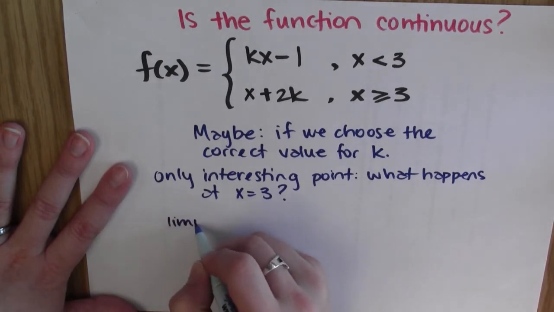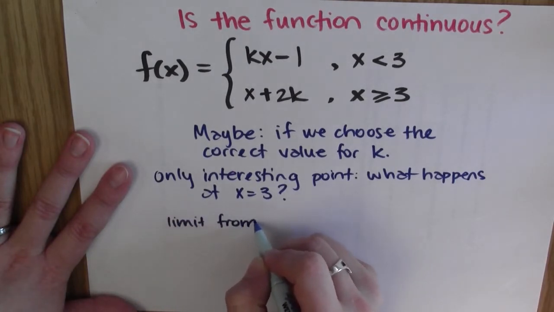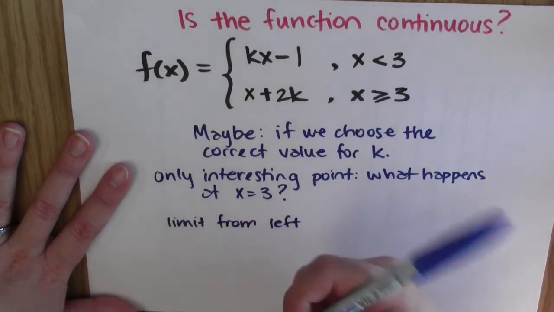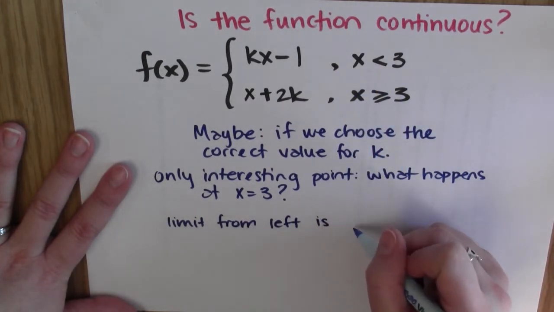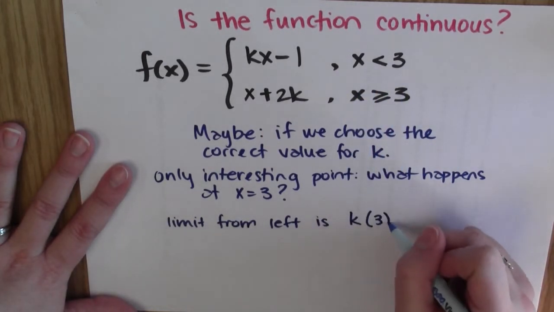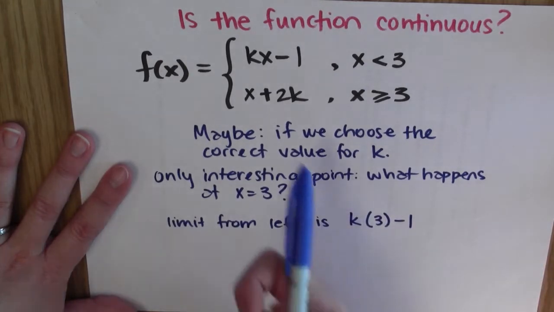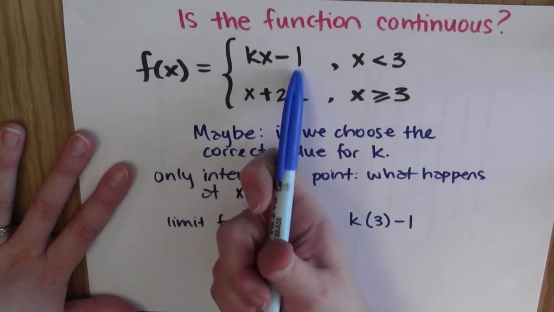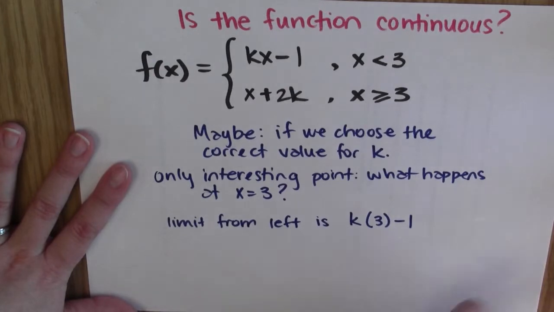So the limit from the left, x being less than 3, is k times 3 minus 1. Remember, again, this is a continuous function, so I can just plug in x equals 3. So if I simplify this a little bit, this is 3k minus 1.